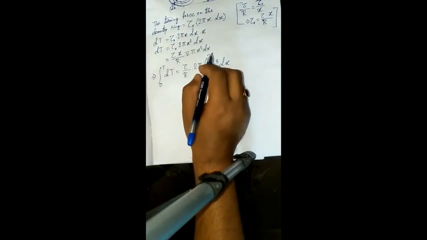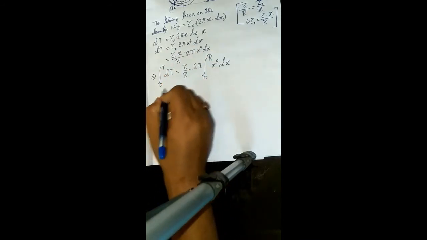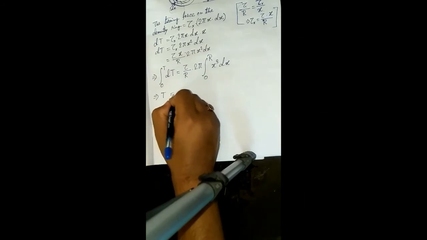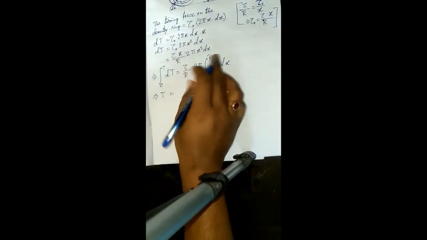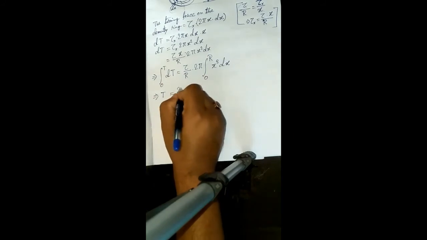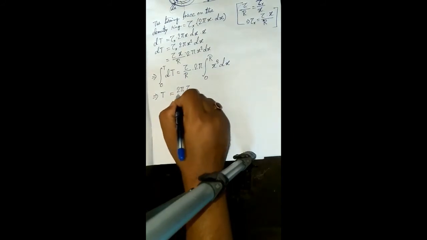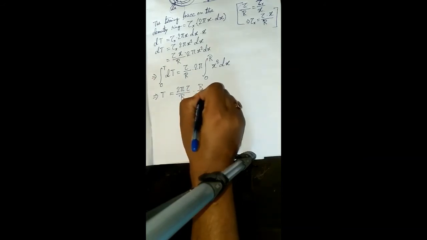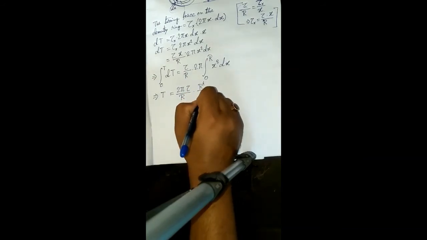So that becomes T, and from this integration we get 2 pi tau by R into R to the power 4 by 4.